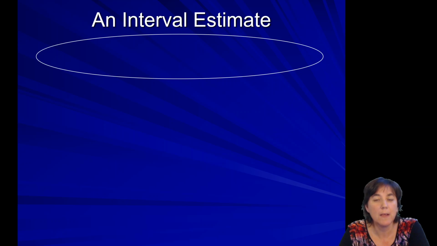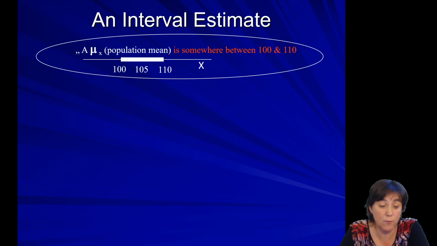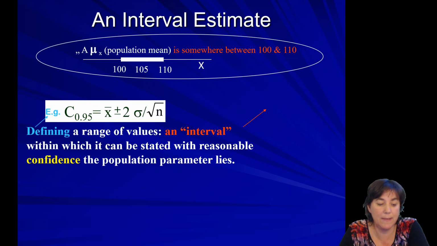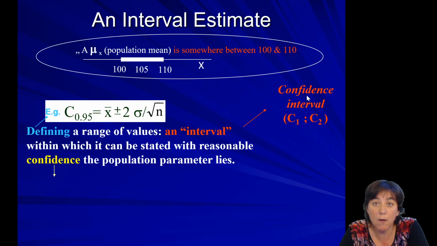But first, let's look at the other type of estimation, the interval estimation. Here, we will say that the population mean is somewhere between 2 points. Okay, and when we define this range of values, we set up this interval, what we call a confidence interval.